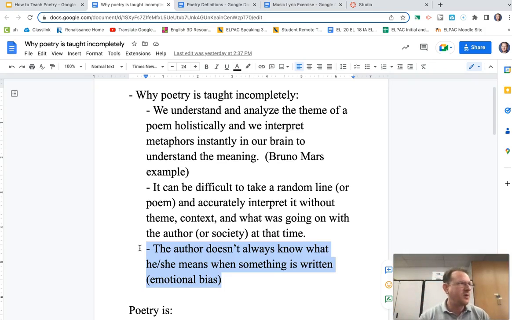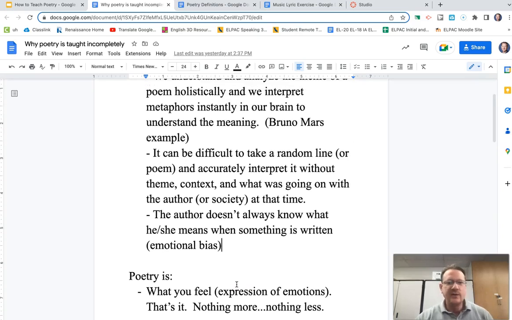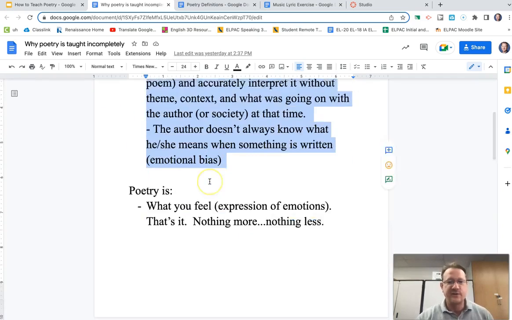We have to understand what's going on in the author's life. We have to understand what the purpose of the writing of the poem was. Some people just write stuff for money. I'm going to get to that a little bit later on. So that's why I explain why poetry tends to be taught incompletely. There are so many other aspects rather than let's look at the words and interpret them line by line, without taking all the other factors into account.